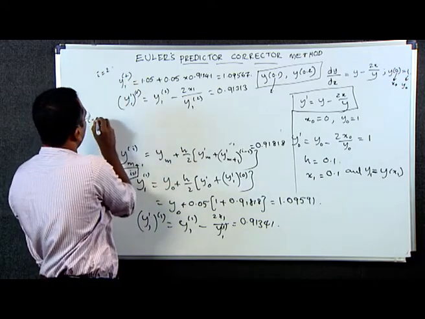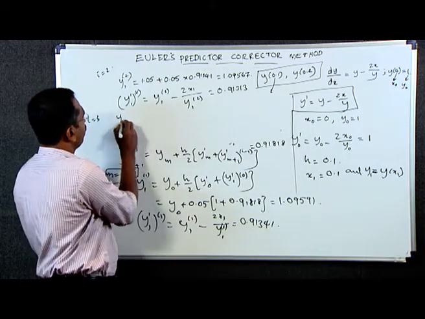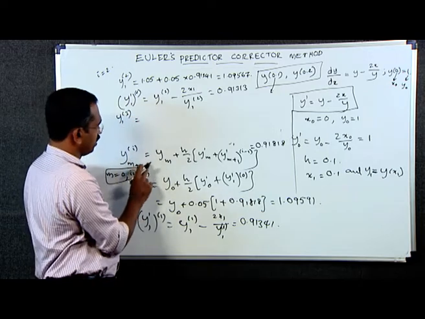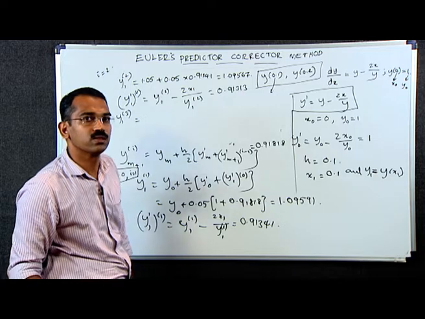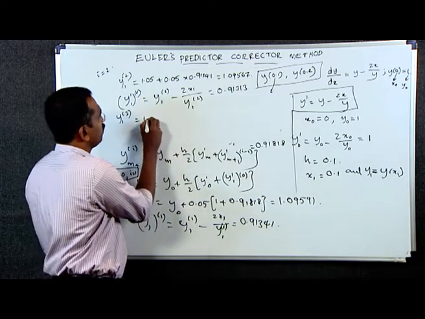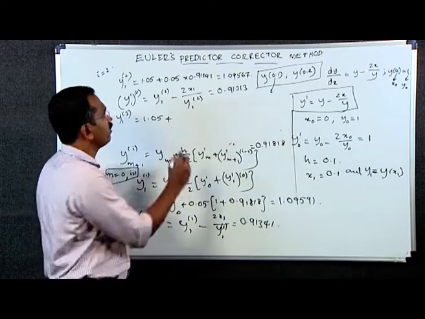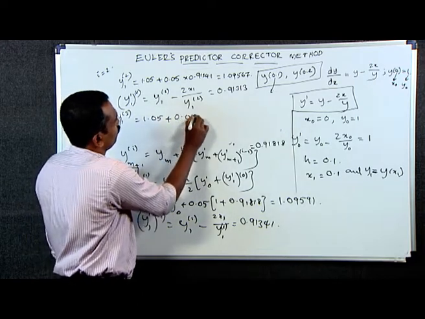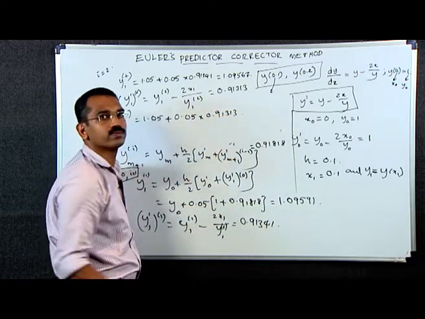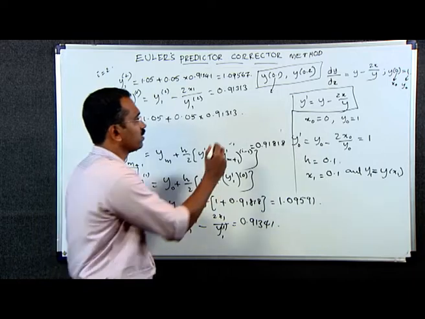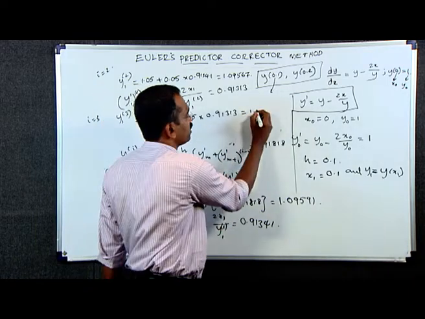Now, we take i equal to 3. We will get y1(3) as 1.05 plus 0.05 into 0.91313. On simplification, this is equal to 1.09566.